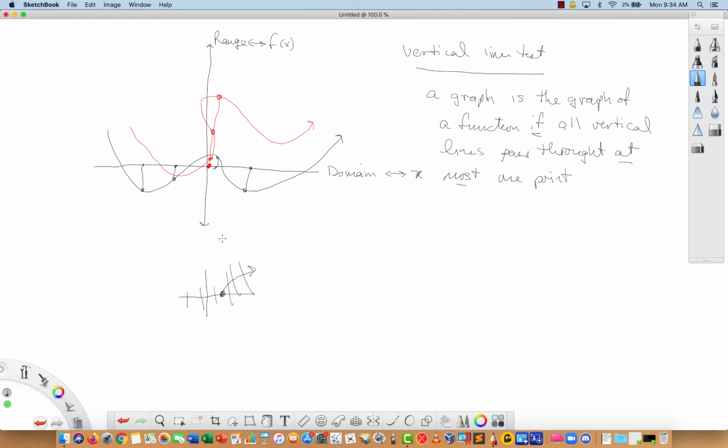Sometimes we turn this around and we say what's not a function. So the graph is not a function if any vertical line passes through more than one point of the graph.